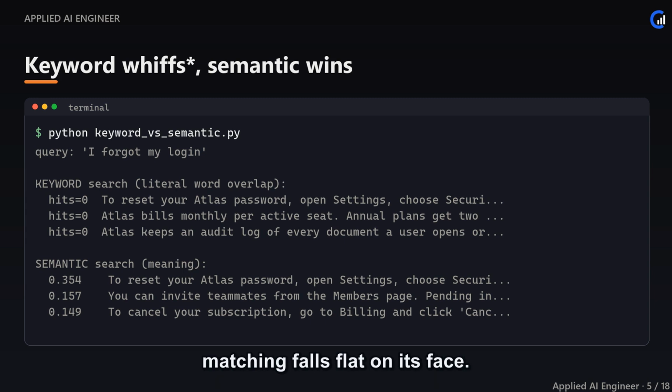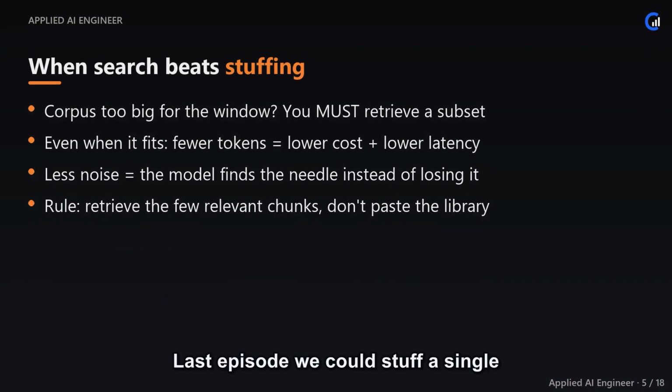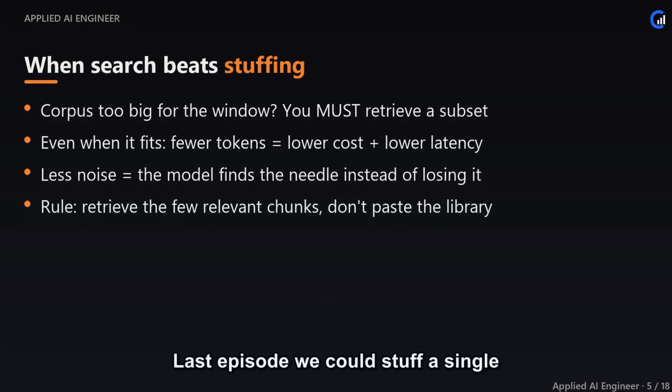Step back to the strategy. Last episode we could stuff a single document into the prompt. But a real knowledge base is thousands of documents, far past any window. So when the corpus is large, you have no choice, you must retrieve a subset.